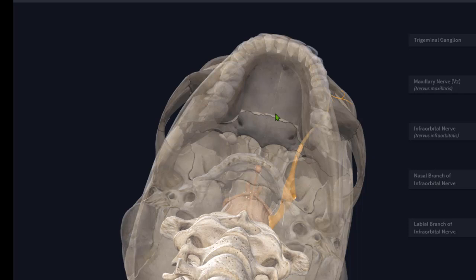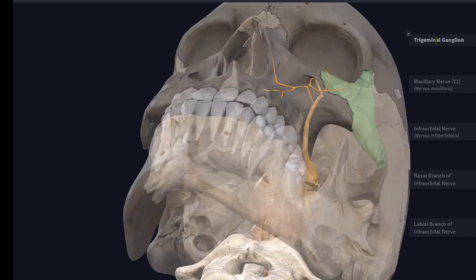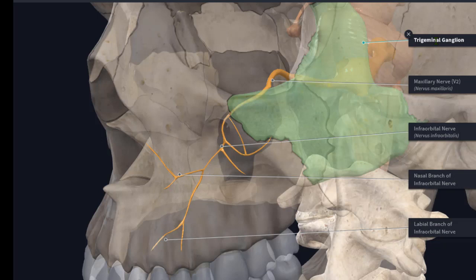So here the nerve relation that you will find is the trigeminal ganglion. So the trigeminal ganglion will be over here, that you can see. So this is your trigeminal nerve and here you will find the trigeminal ganglion, and from there the ophthalmic division ascends upward, the mandibular division goes downward, and here you will find the maxillary division.